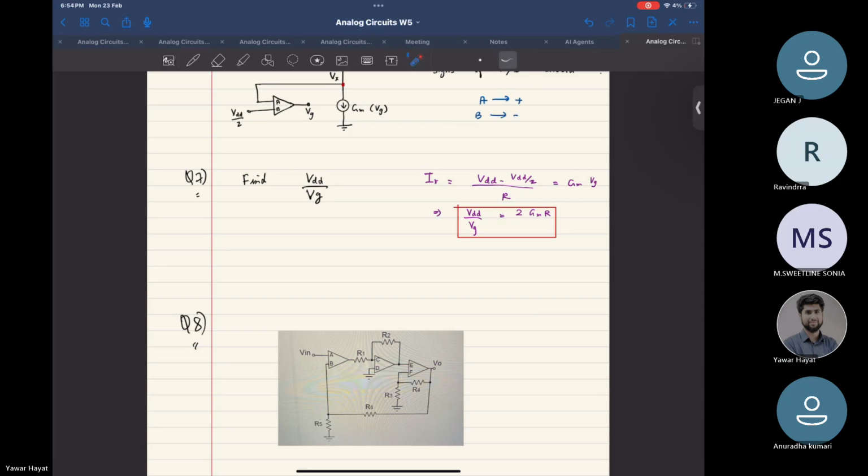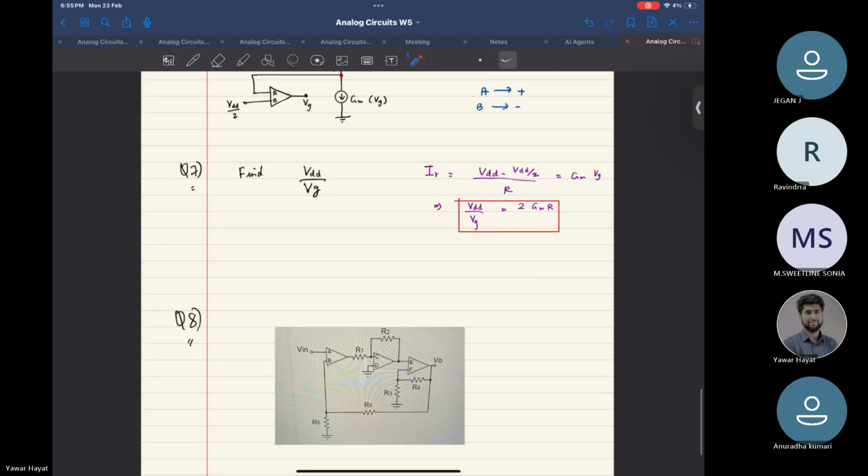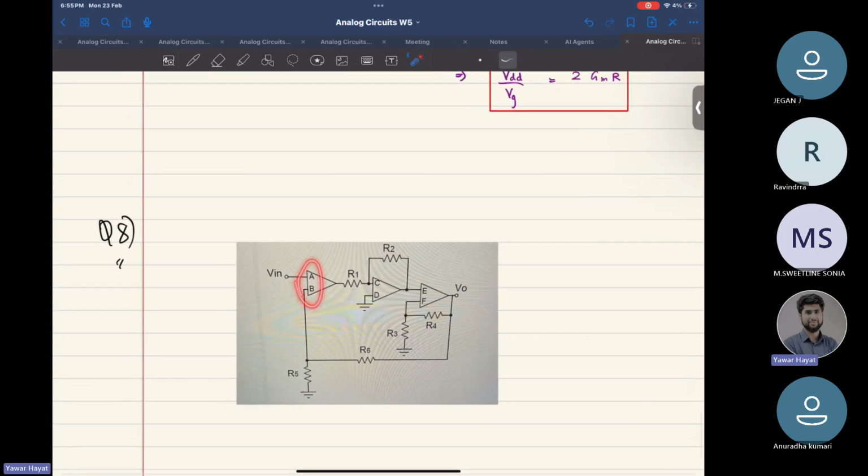Anyone? What about A and B? A should be what? Negative, and B should be positive. What about C, D?